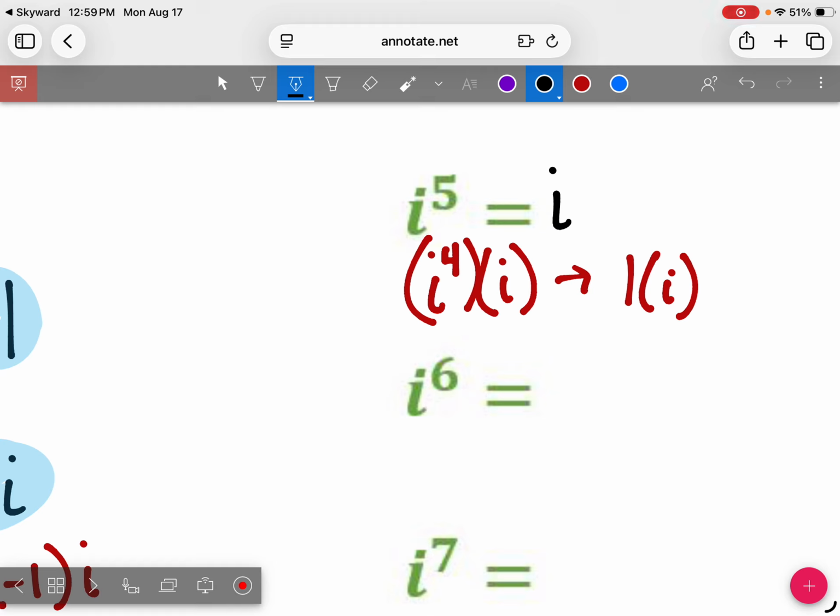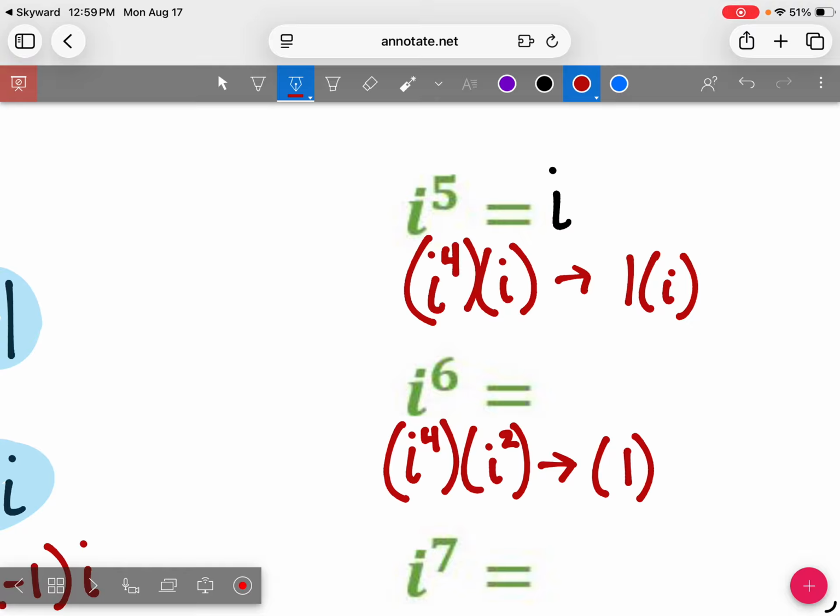I'm going to take i to the sixth and split it up into i to the fourth times i squared, which would be a +1 times a -1, because i to the fourth is 1.